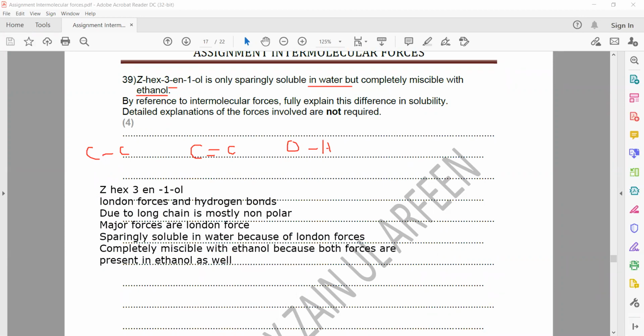So basically, you should mention that it has two types of intermolecular forces, London forces as well as hydrogen bond, and mostly it's non-polar, so mostly it will have London forces, and it can form both hydrogen bond and London forces with ethanol. That's why it is completely soluble. But with water, it can only form hydrogen bond, but there are no London forces, so it is slightly miscible. In water, the strongest one is the hydrogen bond. Both types of forces should be there.